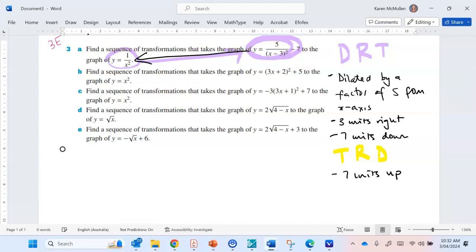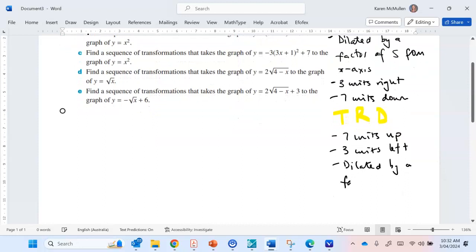If we're going 3 units to the right, to go back we would go 3 units to the left. And our dilation factor has been a factor of 5, so the inverse is 1/5. So it's been dilated by a factor of 1/5 from the x-axis.